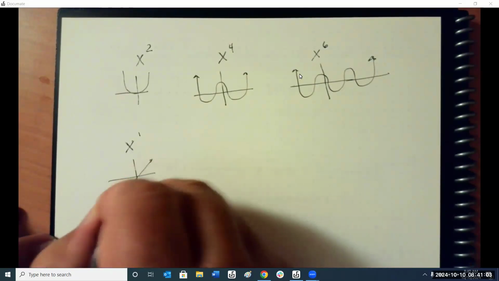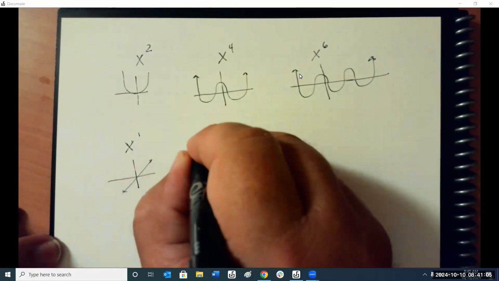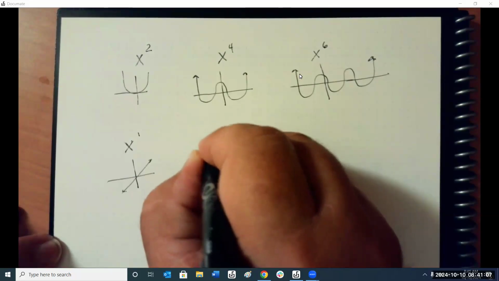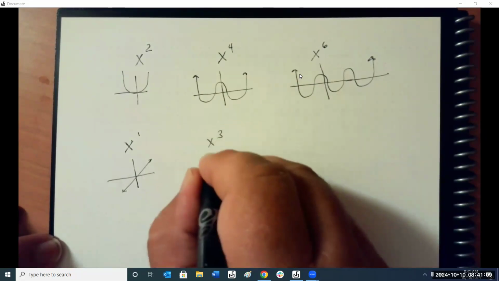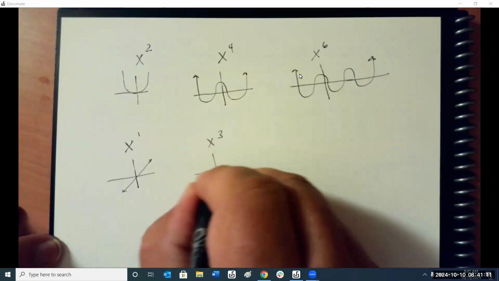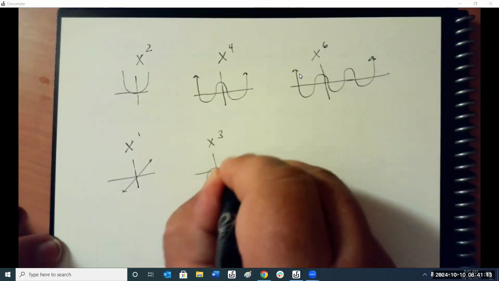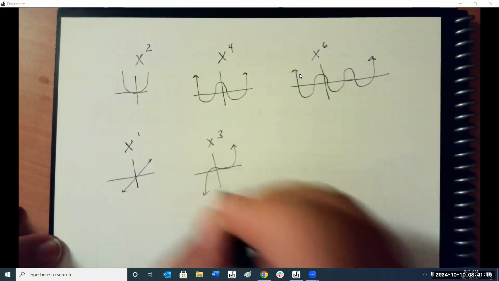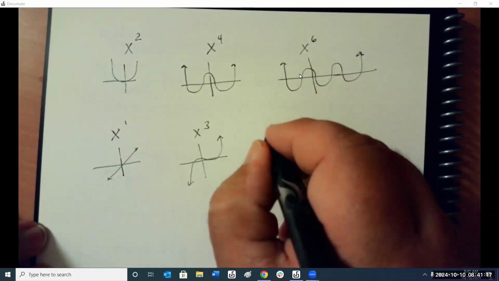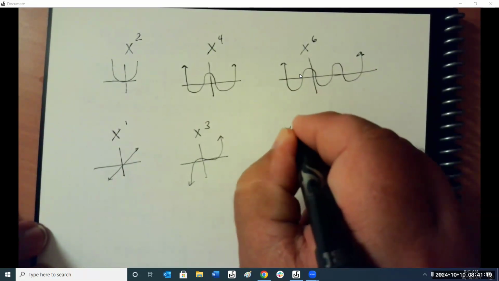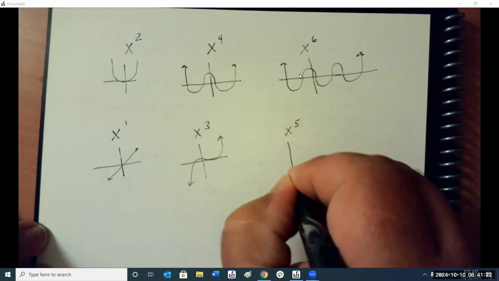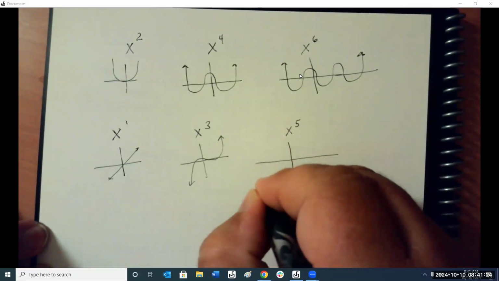It would look like this. Degree 3, and degree 5, and we'll see a pattern here.